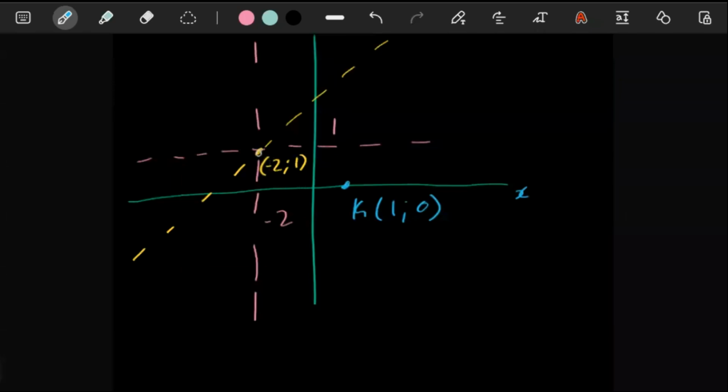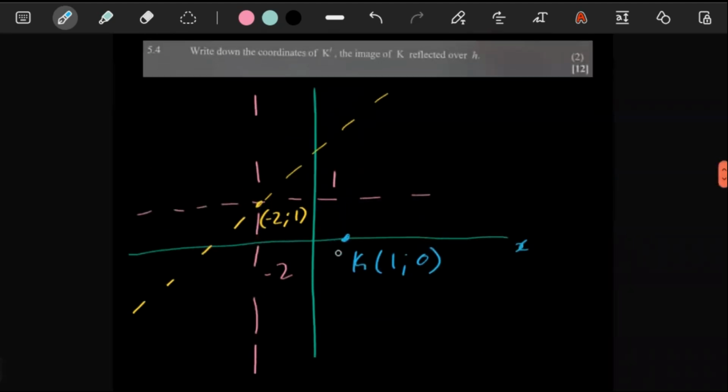For this point, you have to think to yourself: from this point to go here, it's technically 3 units to the left and then 1 unit upwards. So because you now know that, this reflection is technically going to be somewhere over here.